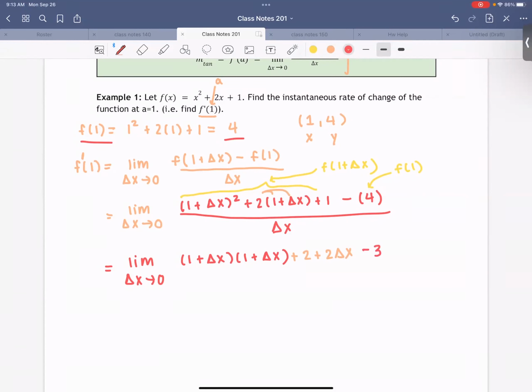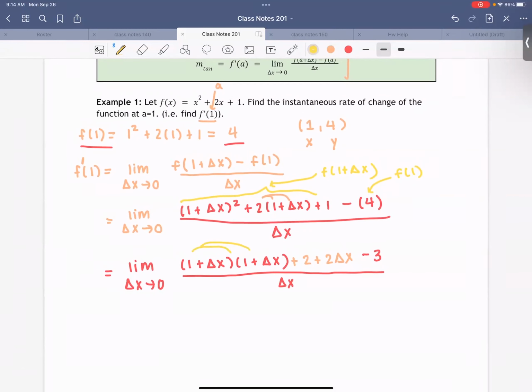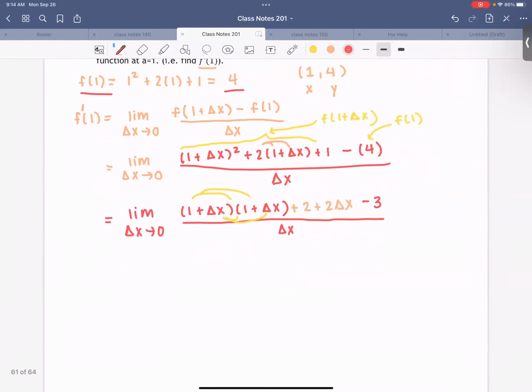Negative 3, good. Okay, so I did as much as I could do on the top so far. And this is all over delta x. Looks like we can FOIL now, right? We got 1 times 1, and 1 times delta x, and delta x times delta x. So let's do that now.